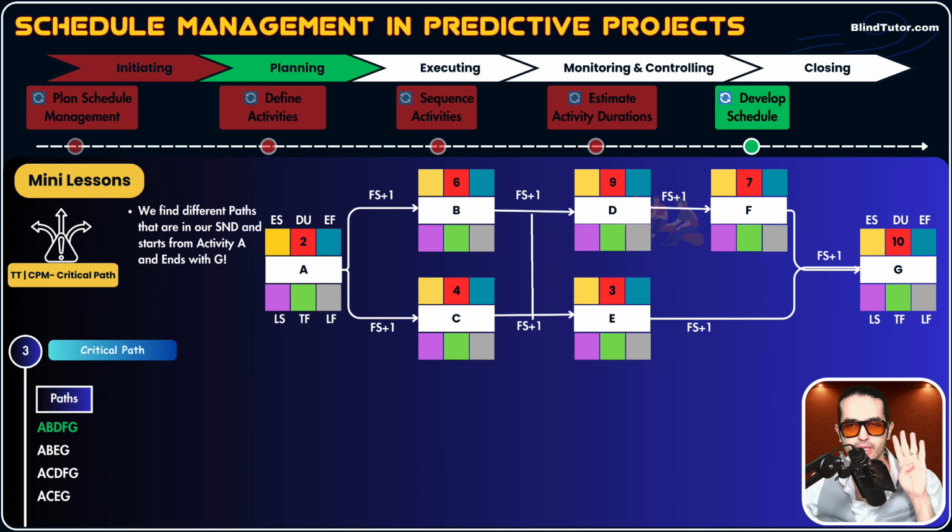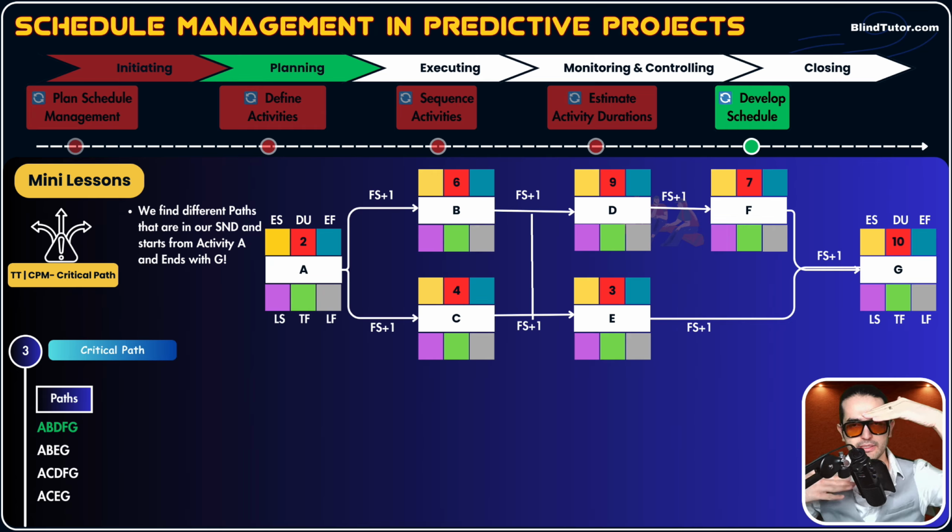Guys, we as a project team do all activities. So by path, I don't mean that our project team selects one path and works on that path. No, these paths have nothing to do with our project team's duty. Our project team does activity A, then half of the team works on B and half of the team works on C at the same time.